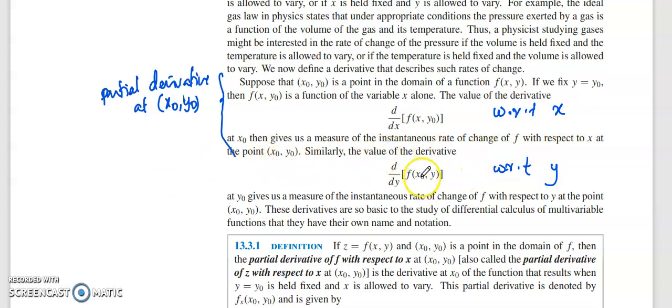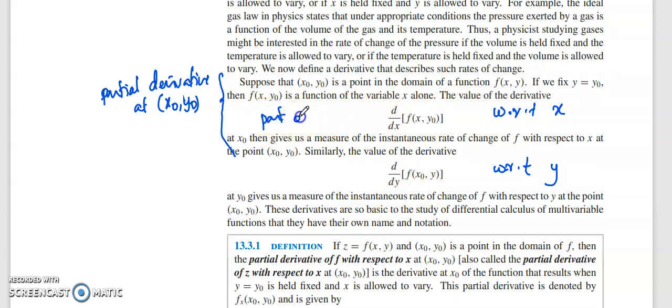And similarly, if I am fixing x to be a constant, put x equal to x0, then the function reduces to a function of y. So this derivative measures the instantaneous rate of change of the function with respect to y at the point x0, y0. So this is called the partial derivative.